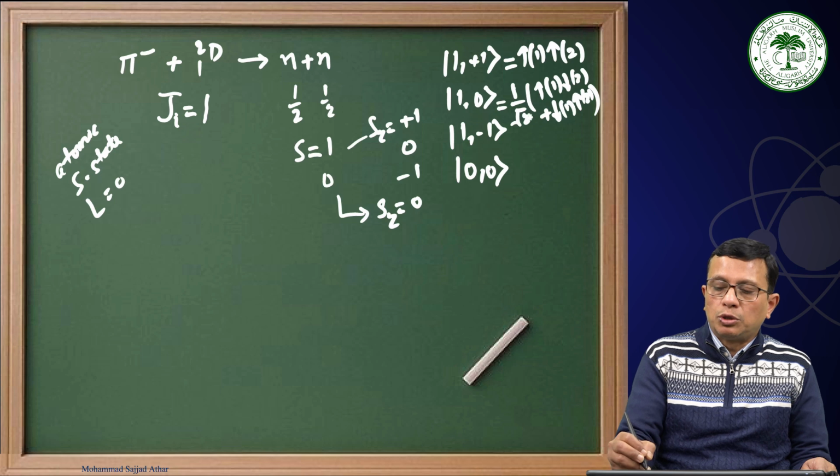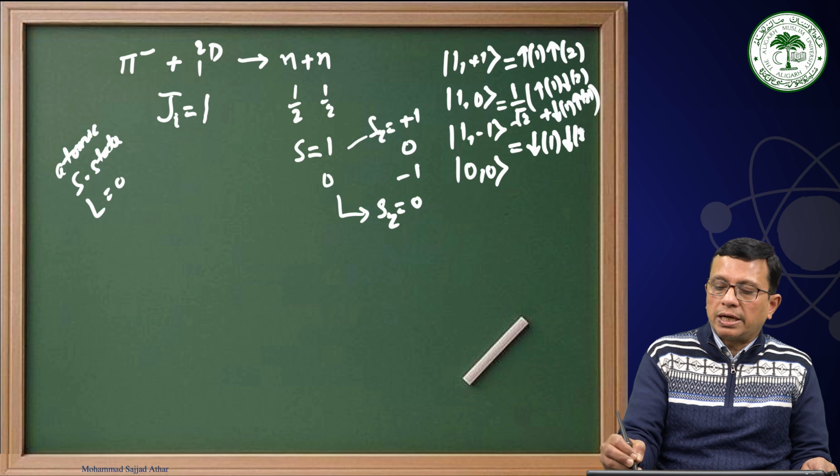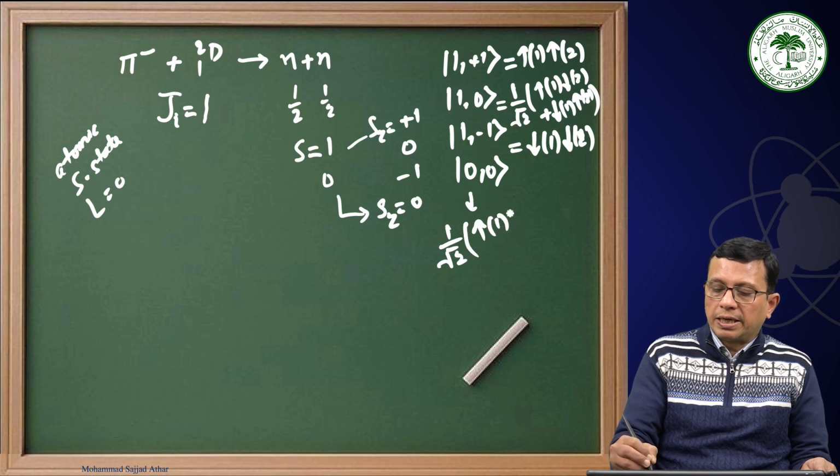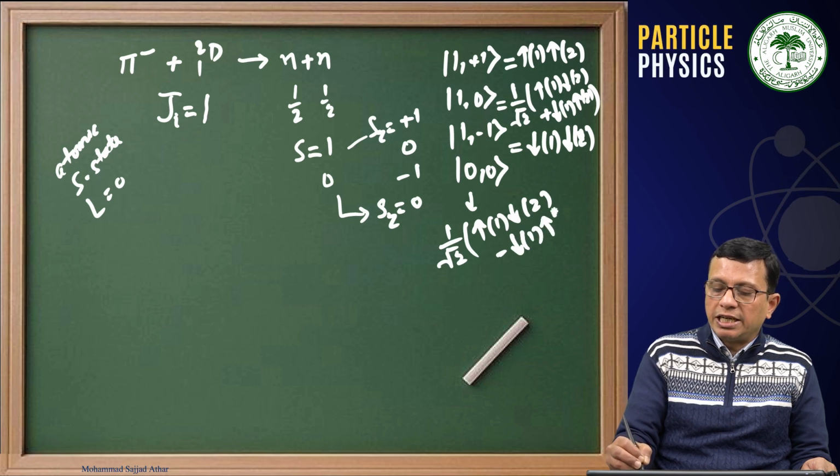This 1 by root 2 comes from the Clebsch-Gordan coefficient. The 1 -1 state has both neutrons in spin down states, and for 0 0 we have 1 by root 2 times spin up for the first particle and spin down for the second neutron, minus spin down for the first neutron and spin up for the second neutron.